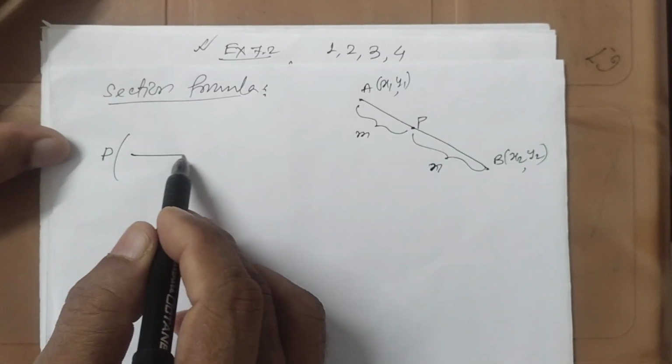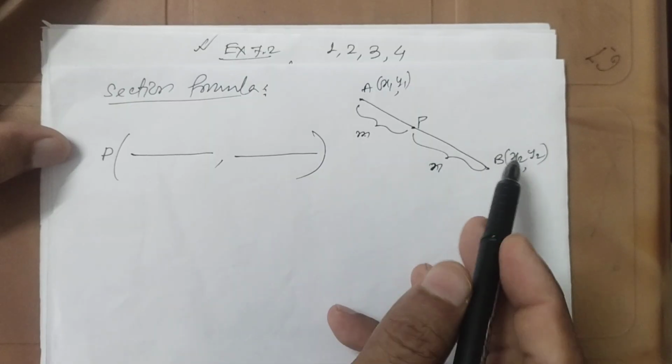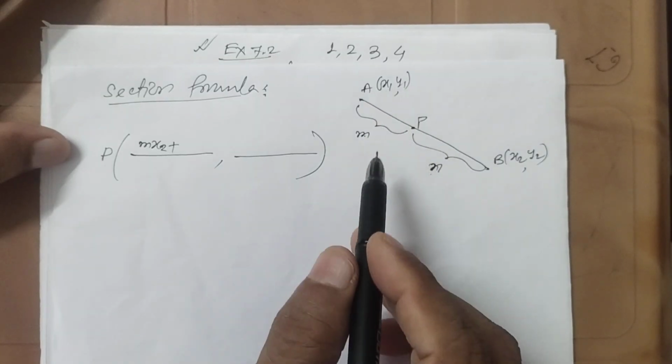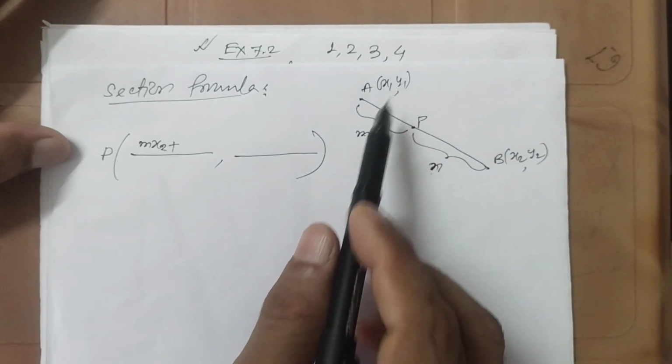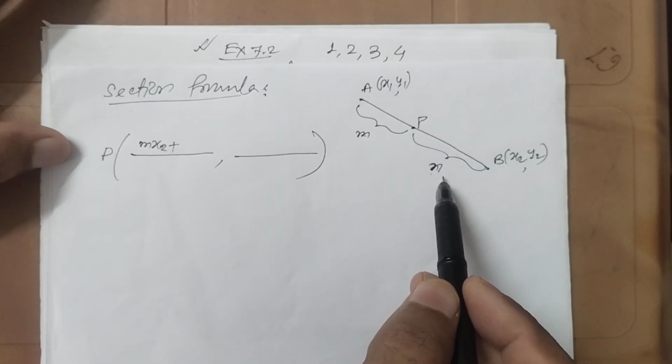Point P position is given by mx2 plus nx1, opposite you see. On the x1 y1 side the distance is m, on the x2 y2 side it is n. It should be taken in order, otherwise it will be wrong.